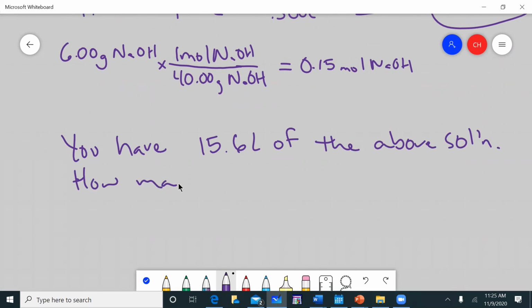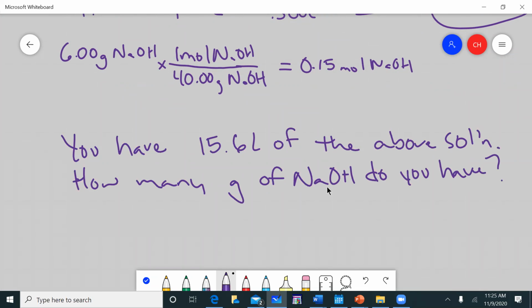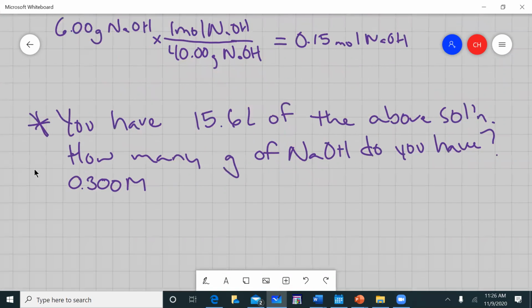How many grams of NaOH do you have? I'm going to give you 4 minutes just to try and play around with that. See if you can make that happen. Let's add what the molarity is. We said it was 0.300 big M. Okay, so you can come up with the grams.